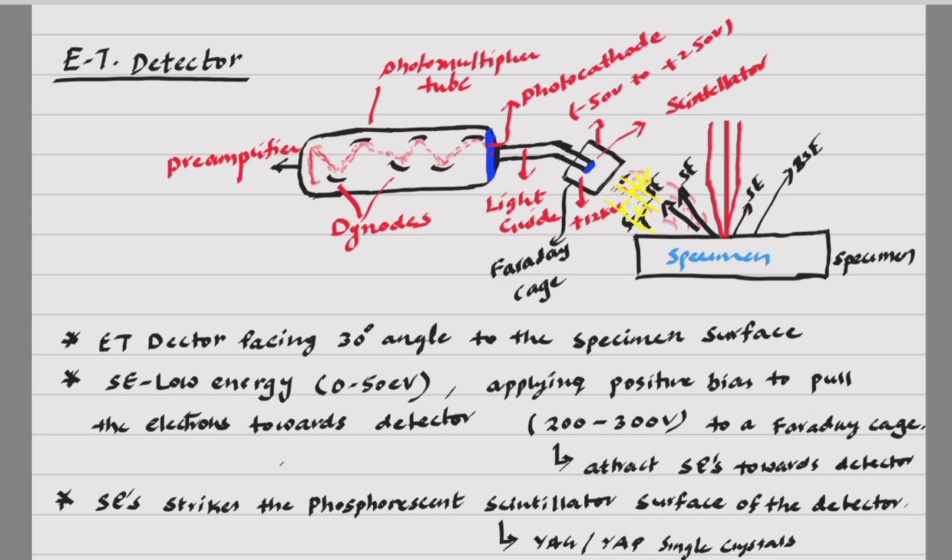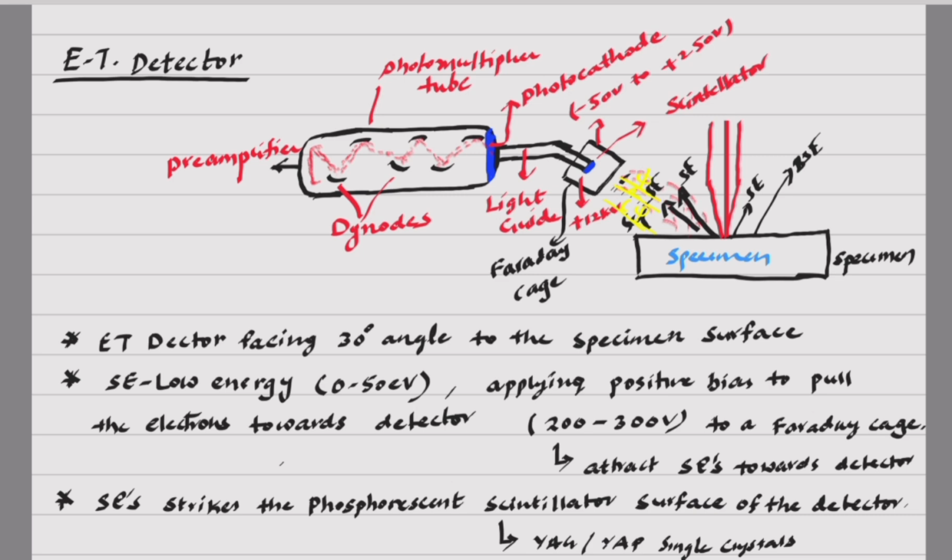Once these secondary electrons come from the specimen, they pass through the ET detector, and then amplification takes place. At the end, the output comes on the monitor.